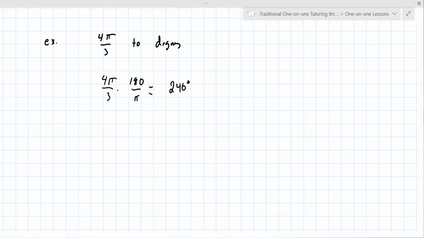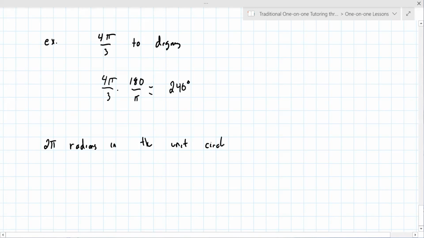Okay. So that covers radian measure then. And I'll maybe make this last point, there are 2 pi radians in the unit circle, which is 360 degrees. And that should make sense because if you take 360 degrees and you multiply by pi over 180, what do you have left?